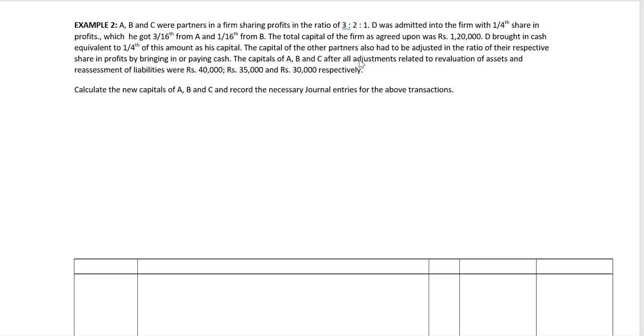The capitals of the other partners also had to be adjusted in the ratio of their respective share in profits by bringing in or paying cash. The capitals of A, B and C after all adjustments related to revaluation of assets and reassessment of liabilities were rupees 40,000, rupees 35,000 and rupees 30,000 respectively. Calculate the new capitals of A, B and C and record the necessary journal entries for the above transactions.